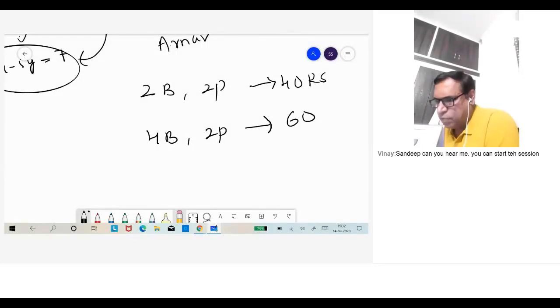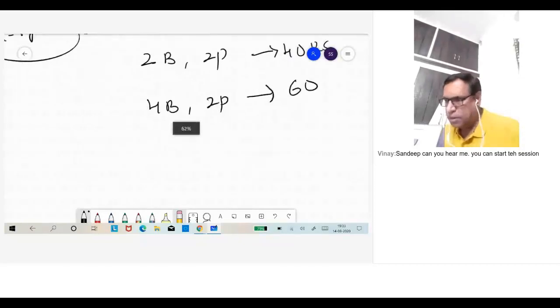Similarly, he bought again 4 books and 2 pens. It cost him around 60 rupees. So here you need to formulate this into linear equations in 2 variables and then find the values of those variables, which will give you the amount we have spent on books and pens.